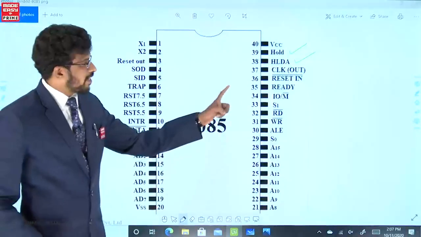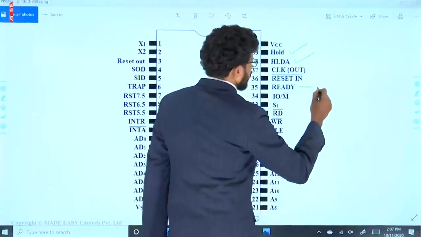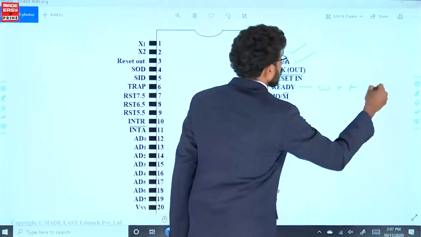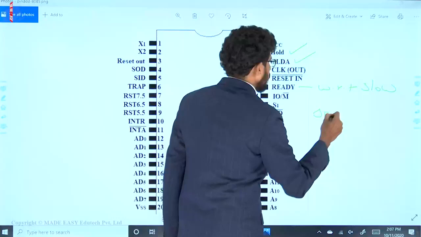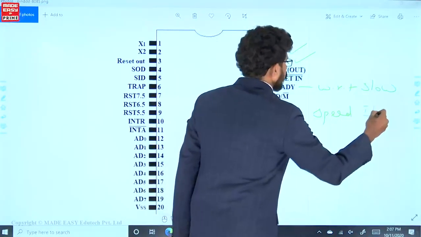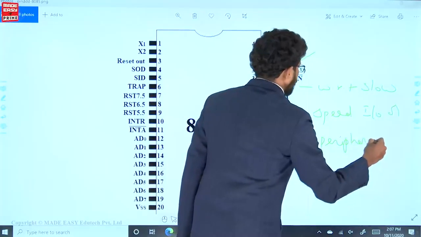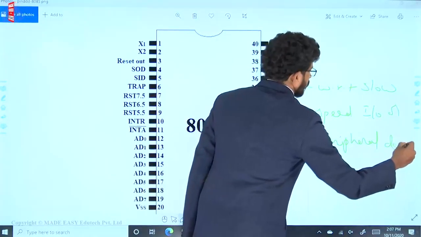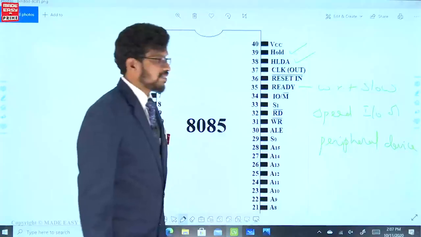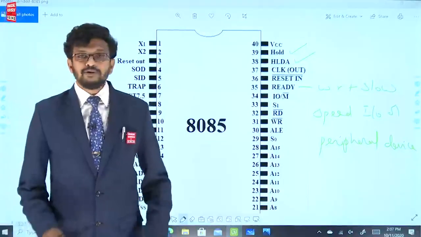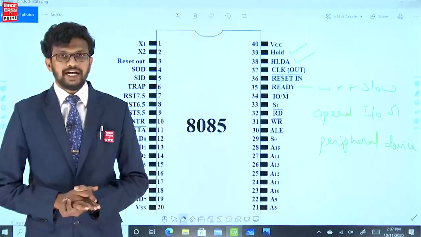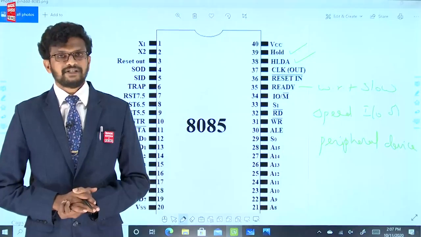So ready is with respect to slow speed IO, or IO is also called a peripheral device. But sometimes IOs are not always slow. An IO device can also be fast.